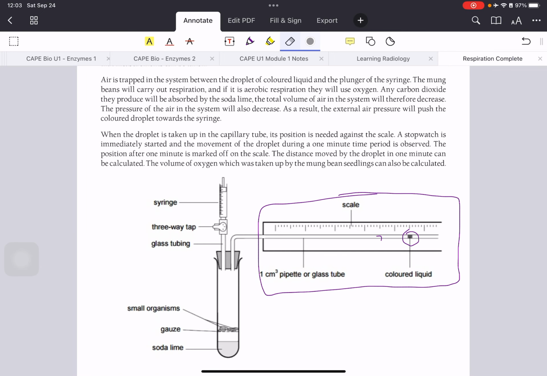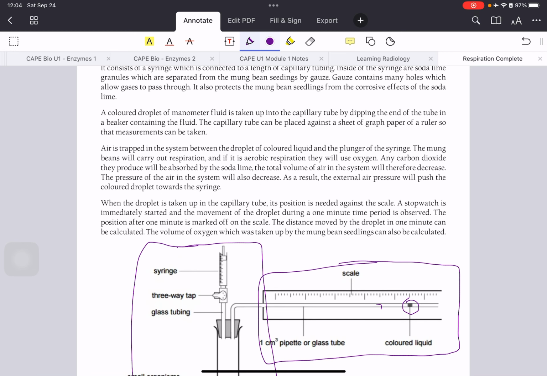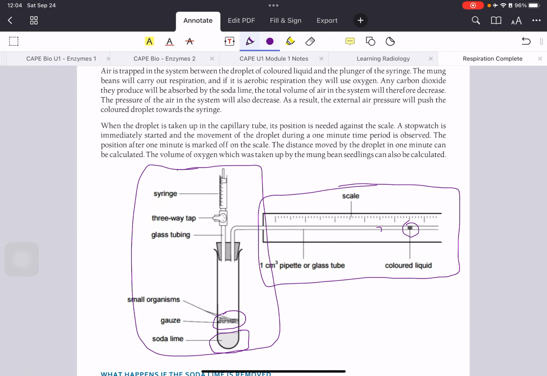What you have in this set of the apparatus here, right? So you have your small organisms that will be undergoing respiration. You have the soda lime, right? So the soda lime has a very important function, right? So the soda lime will absorb the carbon dioxide that is being produced by the organisms, right?